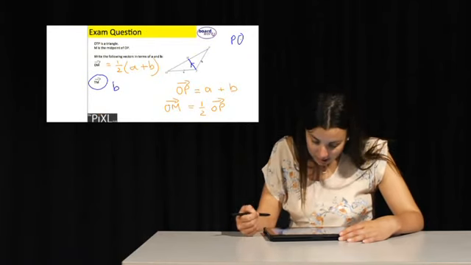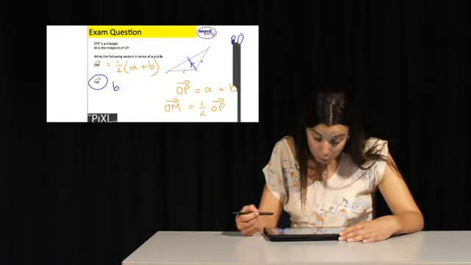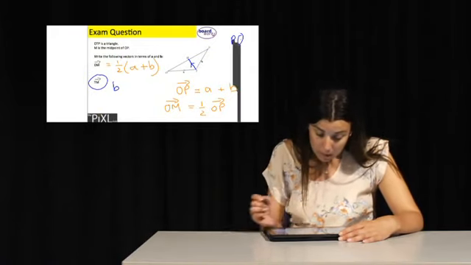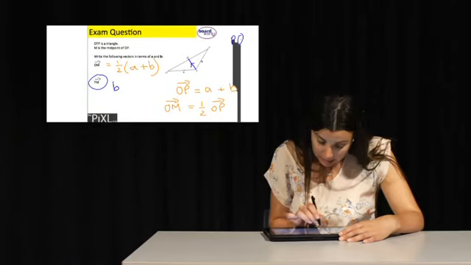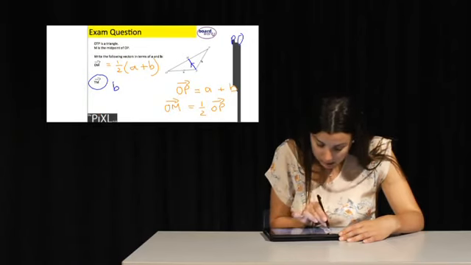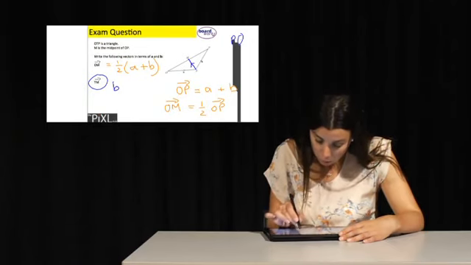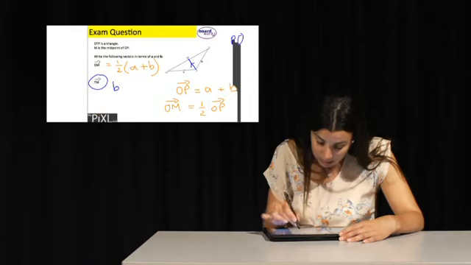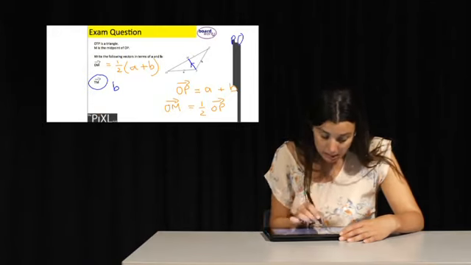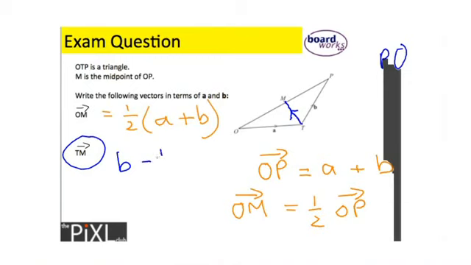So we're doing the negative half of OP. So in this case, we're going to have this OM, which is all the halfway, which is the same here, but we're going to have the negative. So we have a half A and a negative half B.